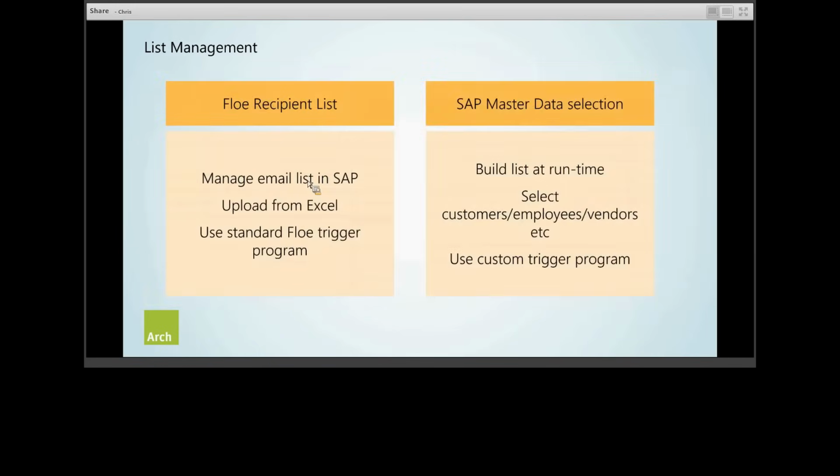The second method is to build your own trigger program, and then you can add your own selection logic for customers or suppliers, employees, or other business partners. In this way, you build up your own recipient email address list at runtime instead of having them in a fixed table.